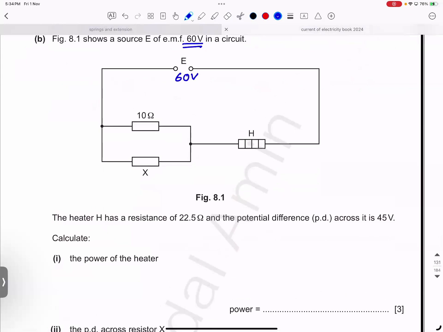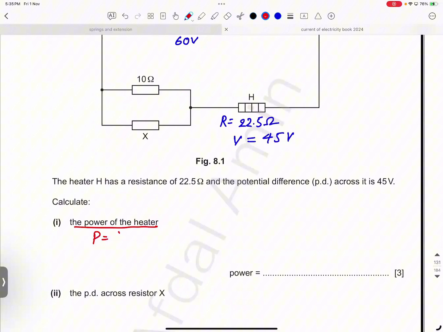A heater has a resistance of 22.5 ohms. PD across it, here the voltage is 45 volt. A complicated one. So if heater, you want the power of heater. For heater, you have resistance 22.5.